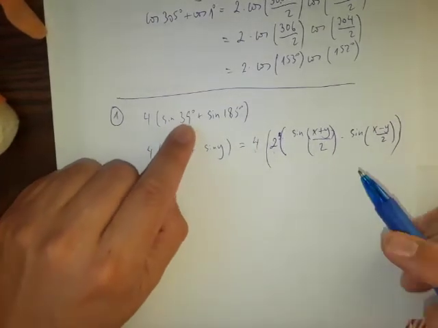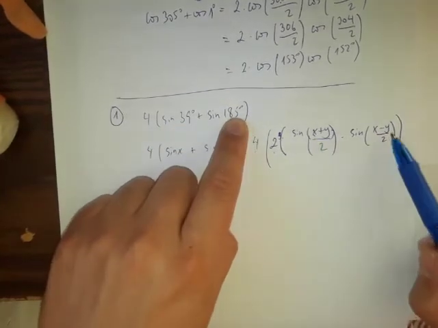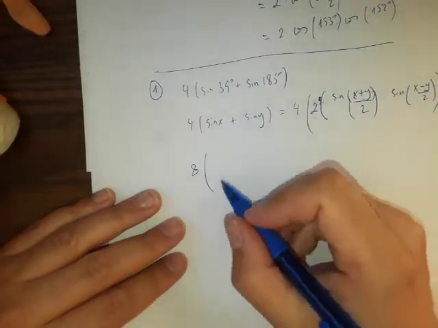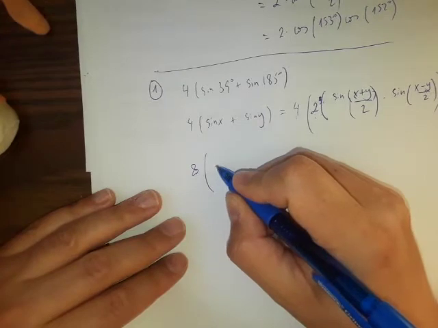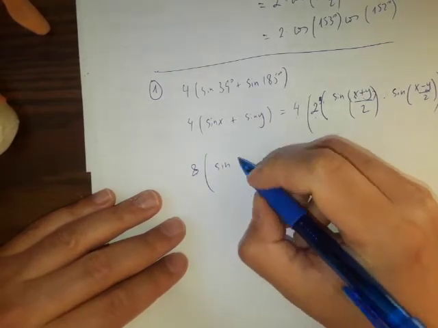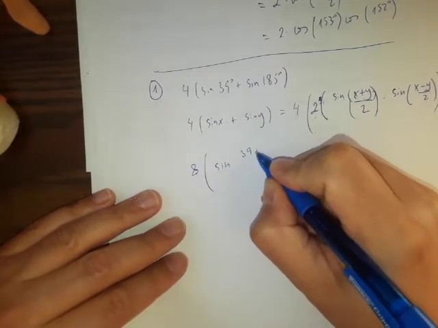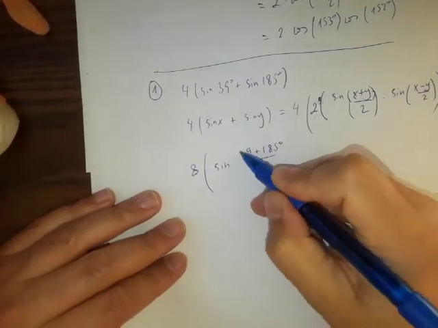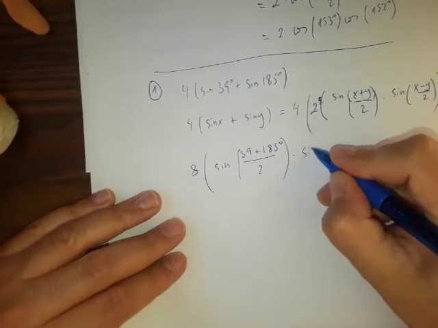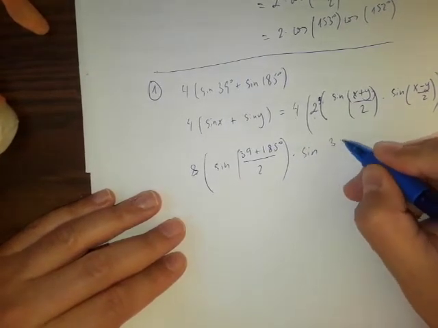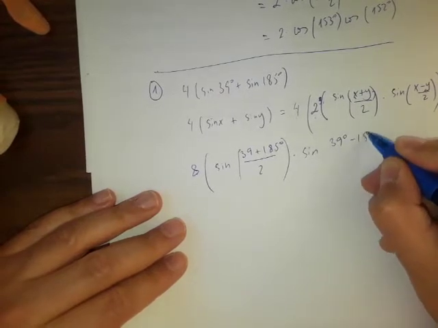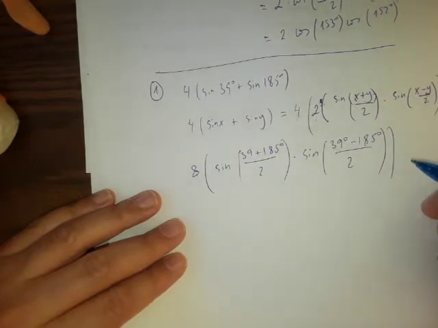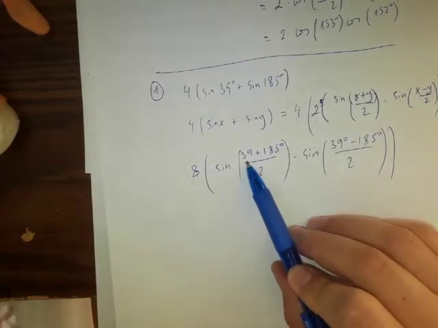X is going to be 39, y is going to be 185, right? So let's write it. So it's going to be sine of 39 plus 185 over 2 times sine of 39 minus 185 over 2, right? Here we go. Now, let's think.